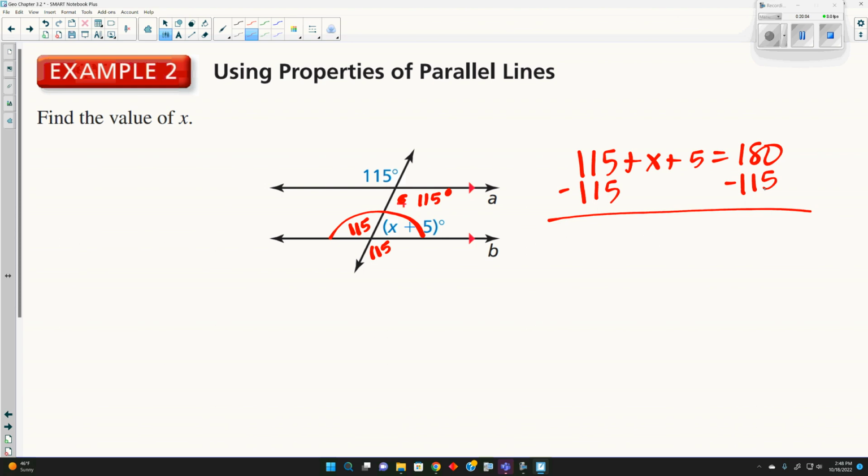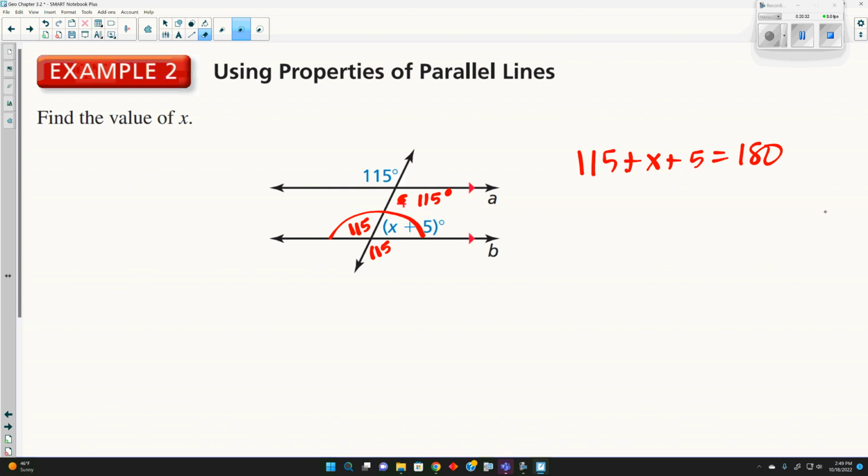What is 180 minus 115? What did we say 115 and that angle add up to be? 180, yes? 180 minus 115 is? And at this point, we would subtract 5, yes? And get 60. Okay.